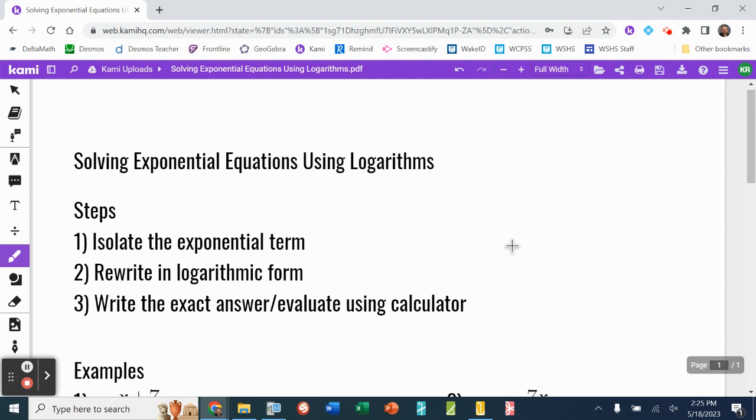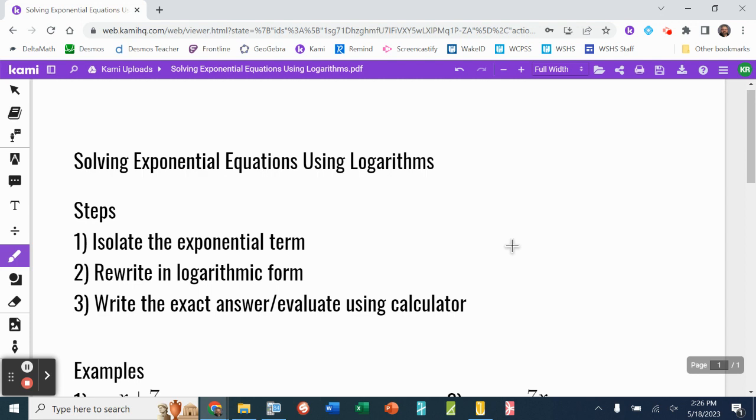So if you've already tried to rewrite the bases and you can't solve the equation, then the steps for using logarithms are, number one, isolate the exponential term. That just means we're going to look for the term where the variable's in the exponent, and get everything that's being done to that term to the other side of the equation.